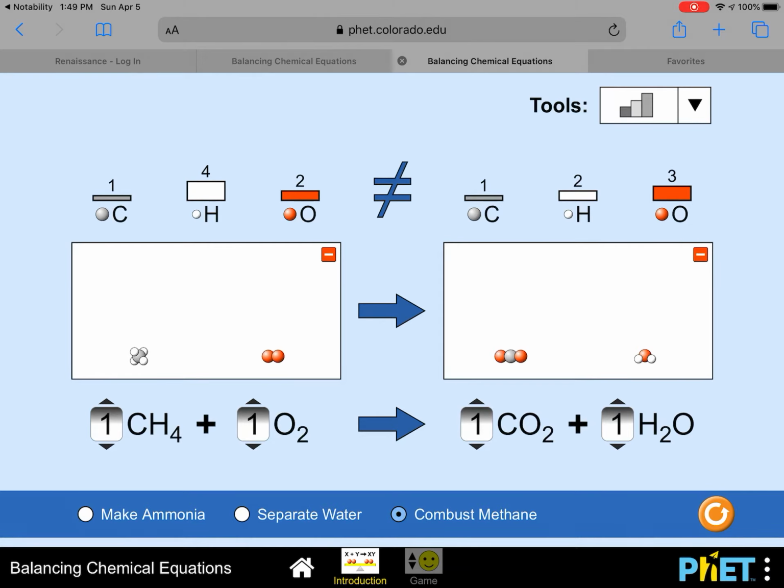Now let's check our hydrogens. On the left, I've got 4 hydrogens. You can see there are 4 balls attached to the gray atom. Then on the right, I need to double my water. Now I have an equal number of grays, and an equal number of whites on the left box and the right box. So what I need to do now is fix my reds.